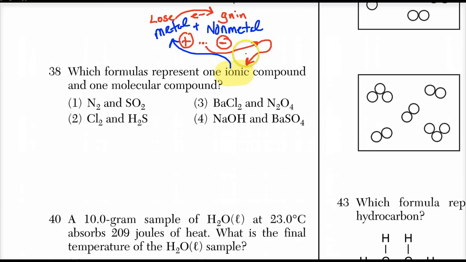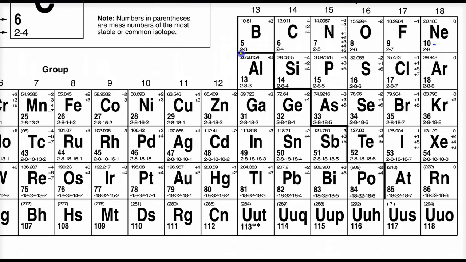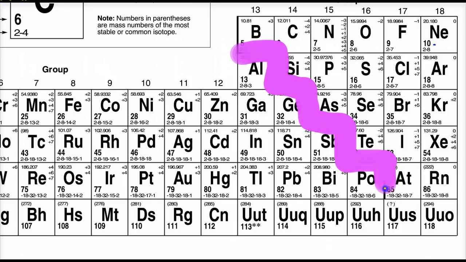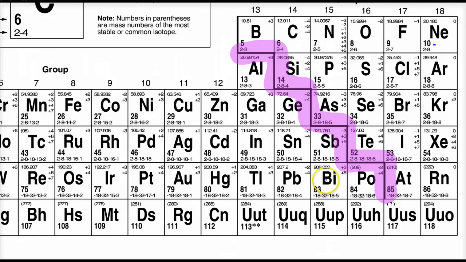So if I want to look for my ionic compounds, I'm looking for metal, non-metal. Now, you may say, I don't know that. So let's go to the periodic table. On the table, you've got a staircase. This staircase separates the small atoms that are nonmetals from the metals. So all of these here are metals.